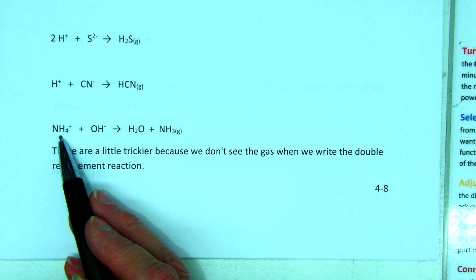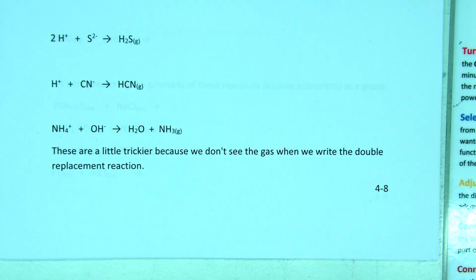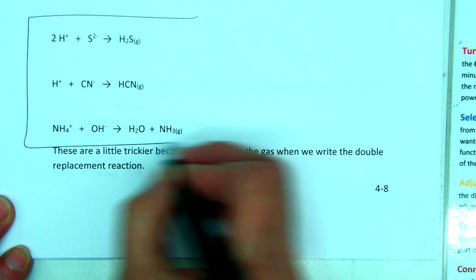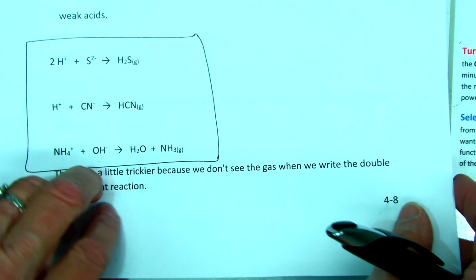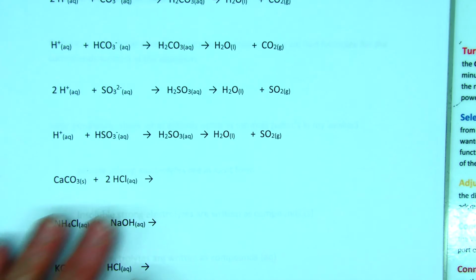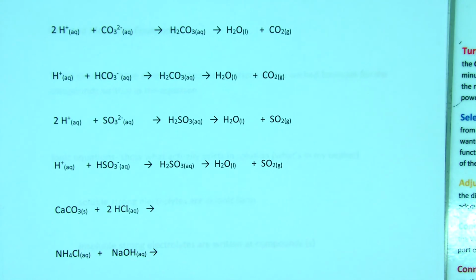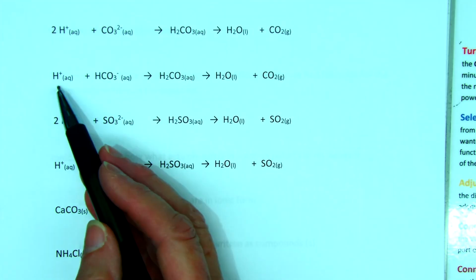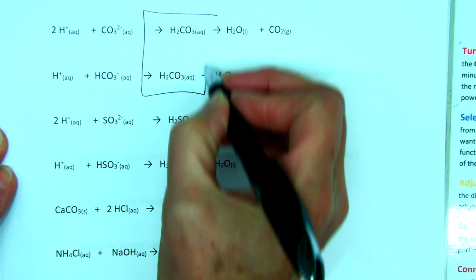So the last one is ammonium works with hydroxide, and this makes ammonium hydroxide, which breaks down and gives us water plus ammonia gas. So these are things that you now are responsible to know, which means you study, practice, learn, so you recognize these. Now the next 2 gases we're going to look at are a little trickier because we don't recognize a gas at first. If we have hydrogen hooking up with carbonate or hydrogen hooking up with hydrogen carbonate, we make carbonic acid.